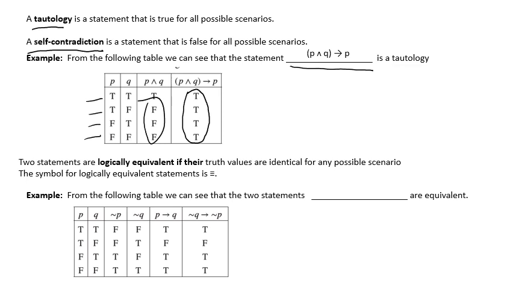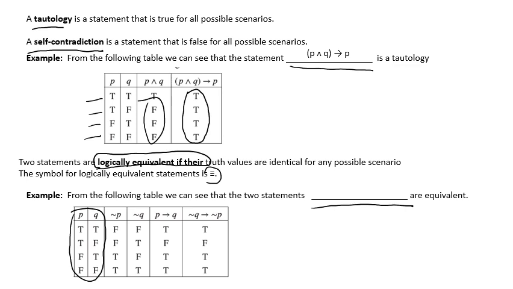Now, two statements are logically equivalent if their truth values are identical for any possible scenario. The symbol for logically equivalent is like an equal sign, but it's got three bars to it. So if we look at the following table, which two statements would you say are logically equivalent? So fill in the blank. Again, here are the scenarios.